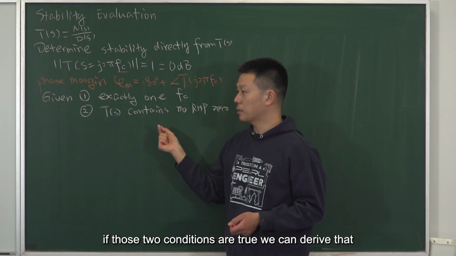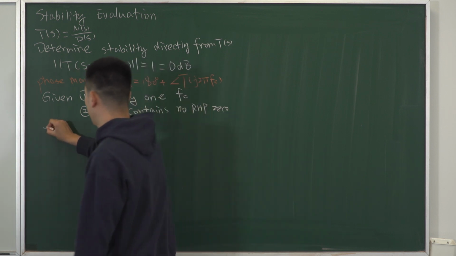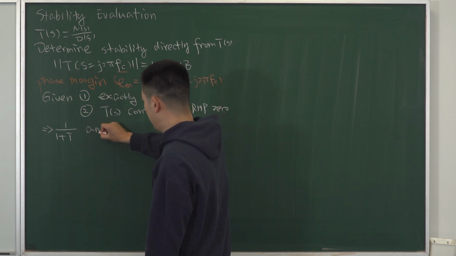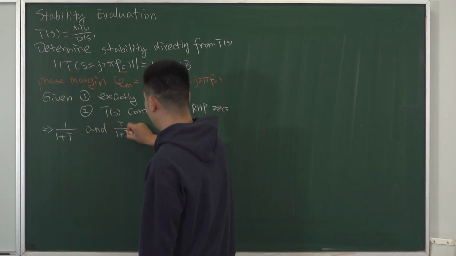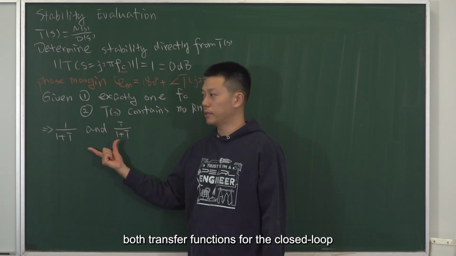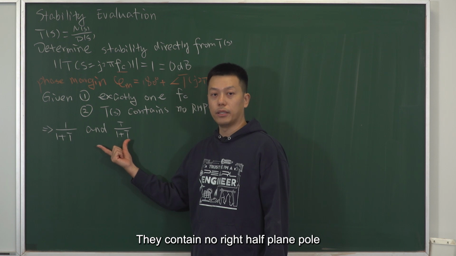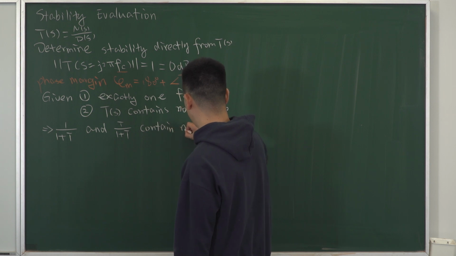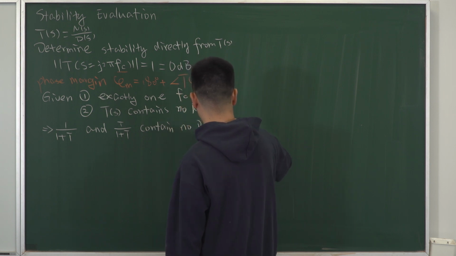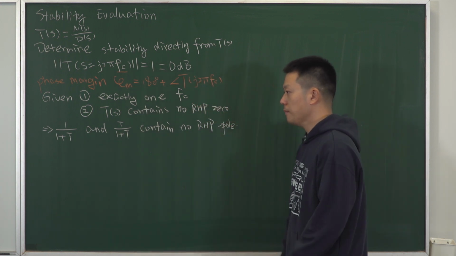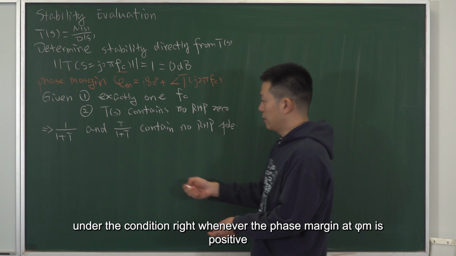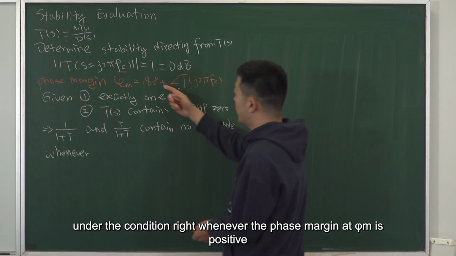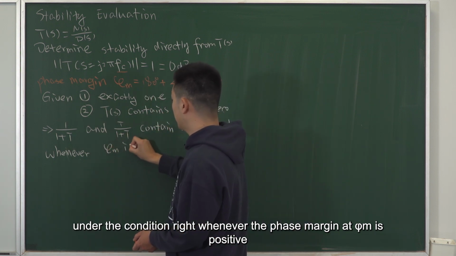If those two conditions are true, we can derive that 1 over 1 plus T and T over 1 plus T, both closed loop transfer functions, contain no right half plane pole, whenever the phase margin phi m is positive.